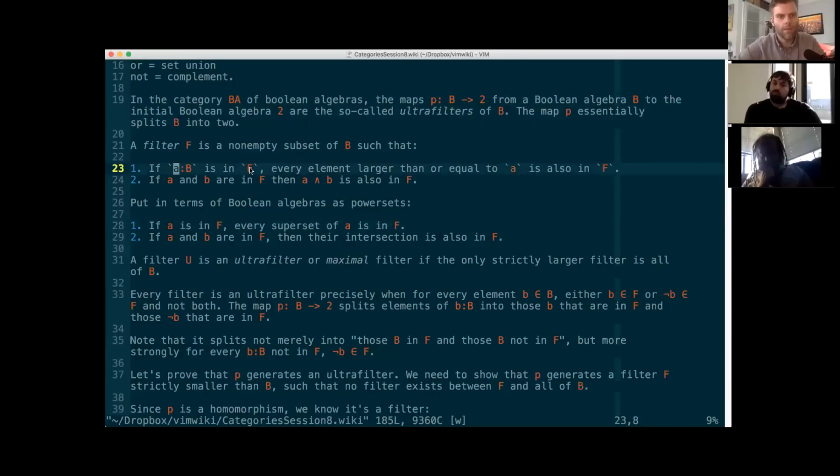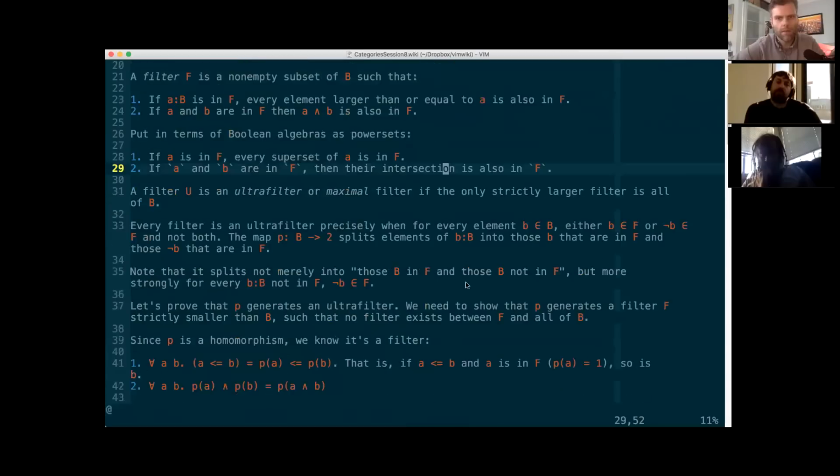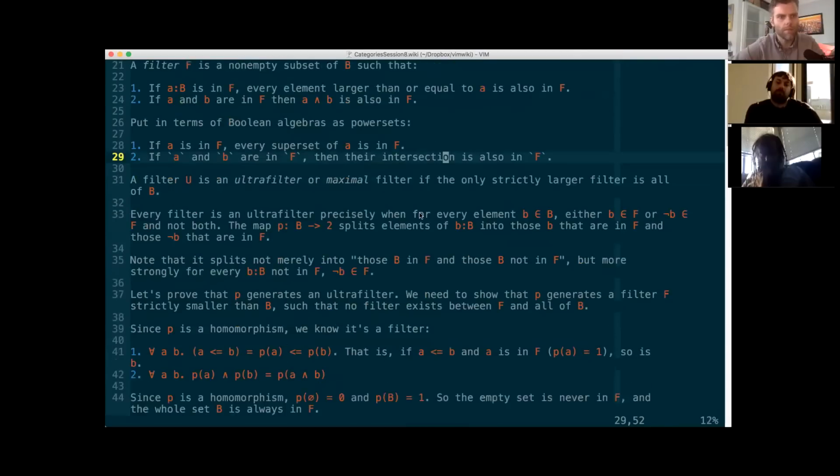So if A is in the filter, then A and up are in the filter. If A and B are both in the filter, then the intersection of A and B is also in the filter. Make sense? It's a little bit abstract at the moment, but we can see how that works.